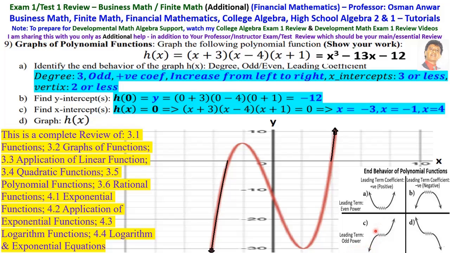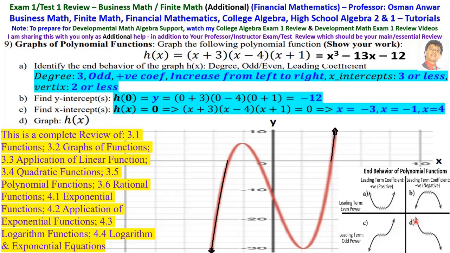So if the leading term is an odd power and its coefficient is positive, for example 5x to the 7, and so on, in that case it is odd power with a positive coefficient, then it will increase from left to right.